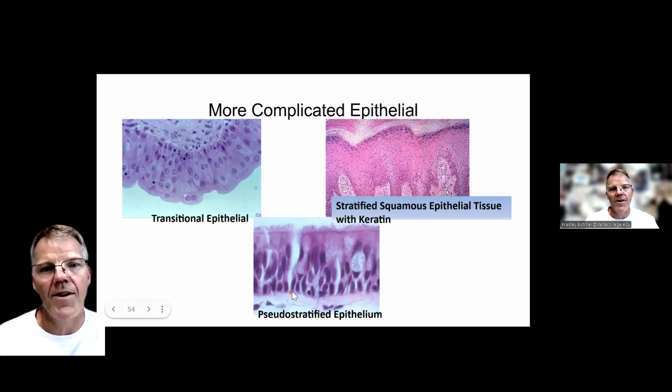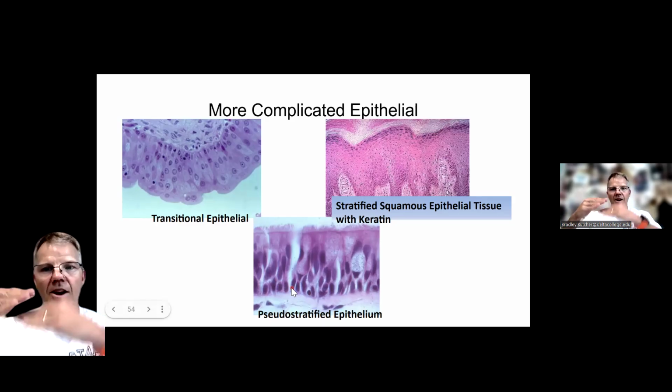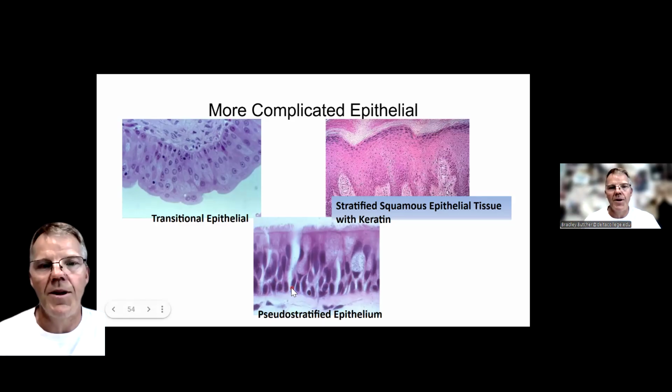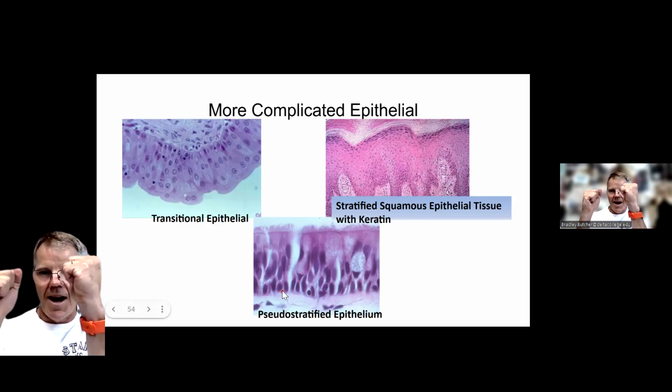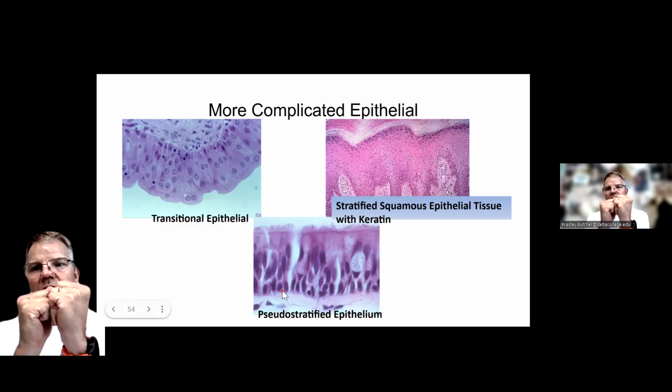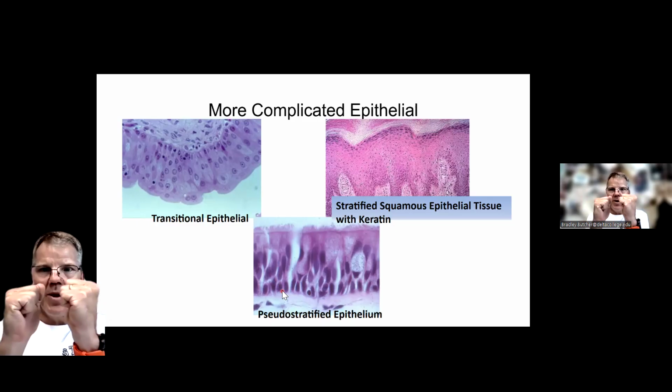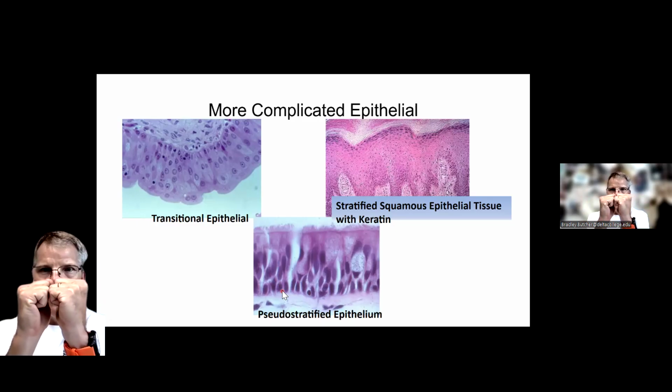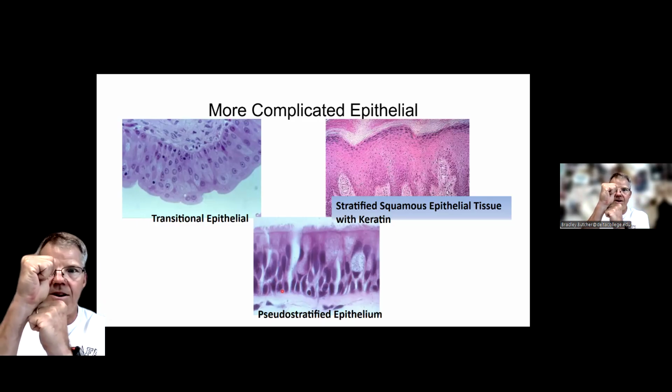We call this pseudo-stratified because it looks like we have nuclei sitting on top of each other, like they're actually separate layers. But really what's happening is those nuclei are being packed in so close to each other, kind of like if you put egg yolks next to each other, and then one slips on top of the other.